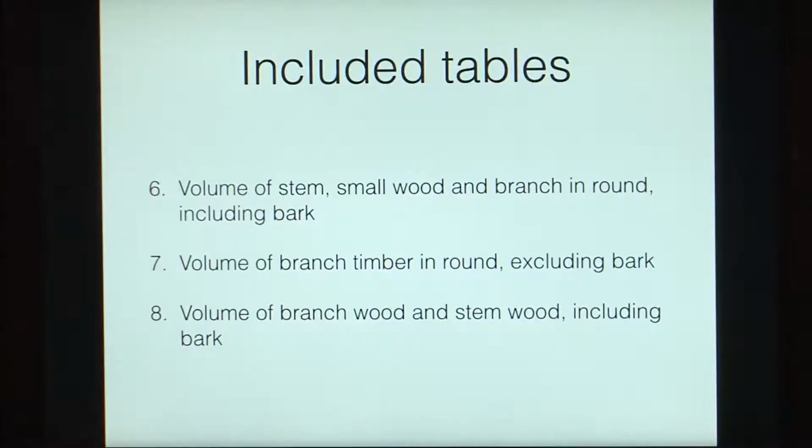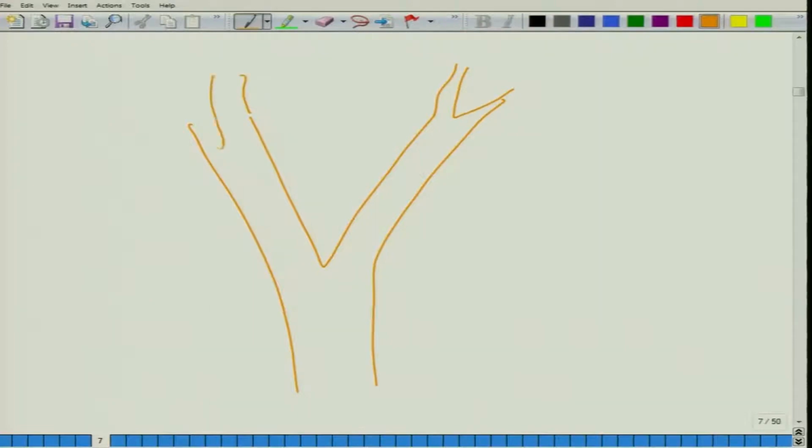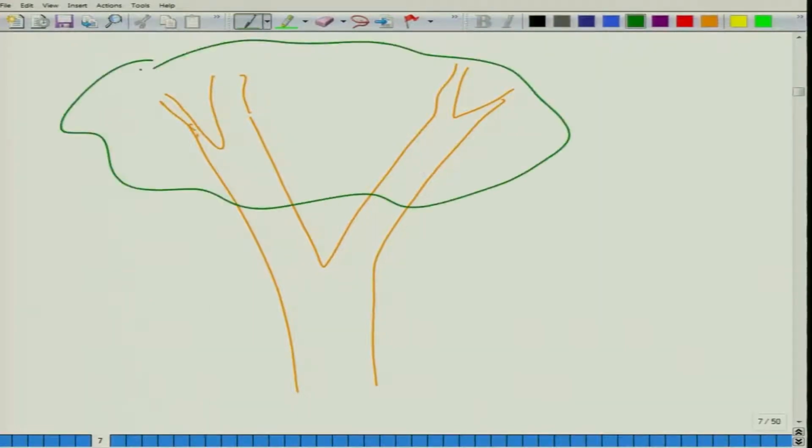So, in this case, when we are considering a tree, in this tree we can find out the volume of the main stem, or we can find out the volume of the branches, or the volumes of even smaller branches.